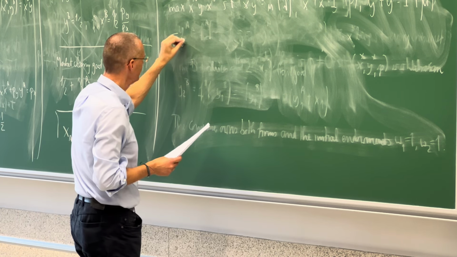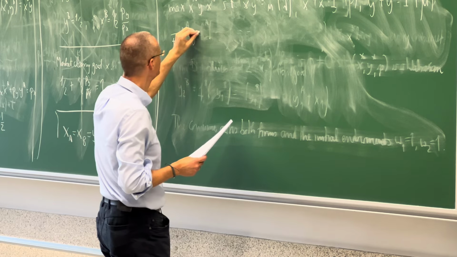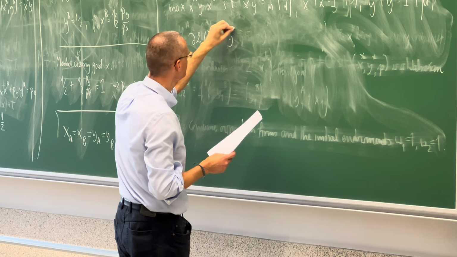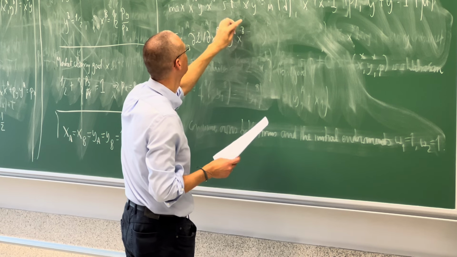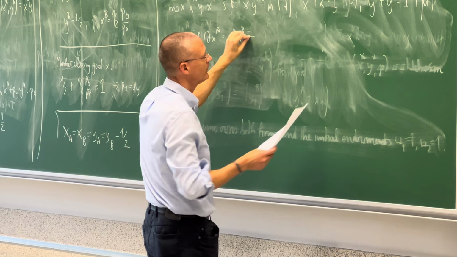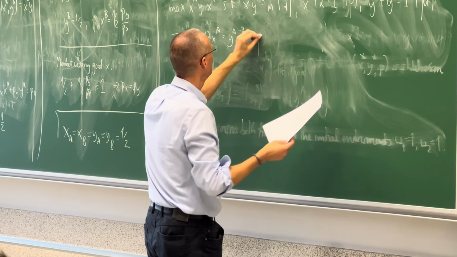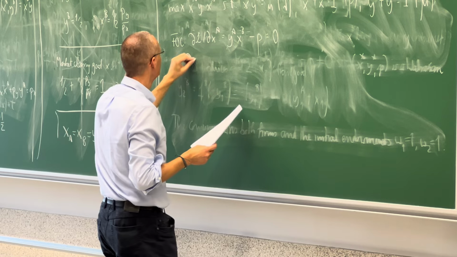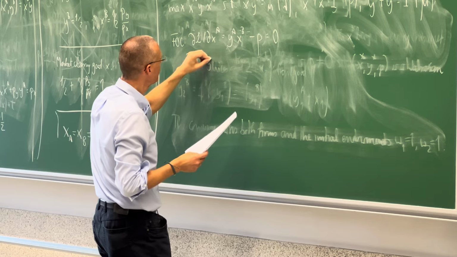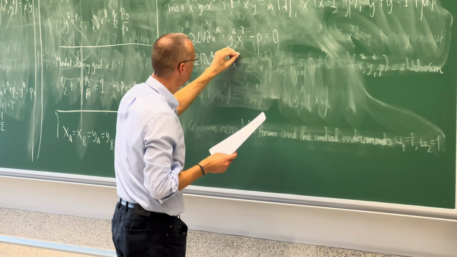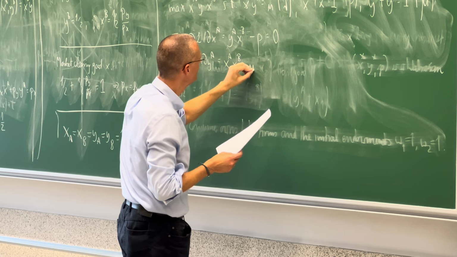First order conditions. Well, the Lagrangian, with respect to XA, YA, XB: minus rho equal to 0. With respect to YA, minus mu equal to 0.